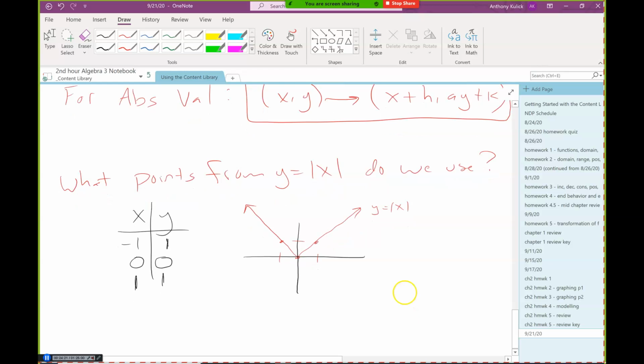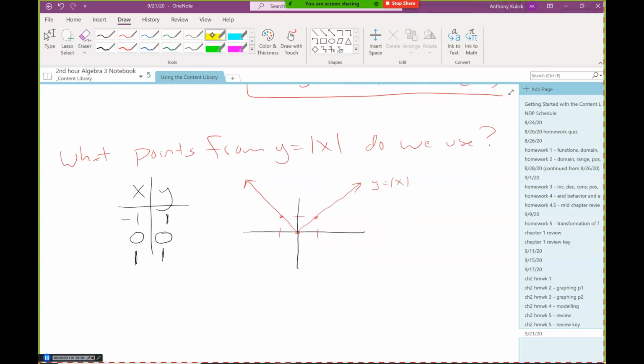Whenever we graph an absolute value function, we're going to use these same 3 points to do our transformation every single time.